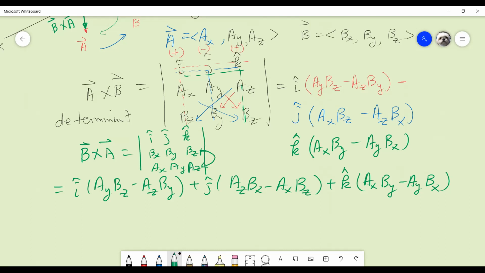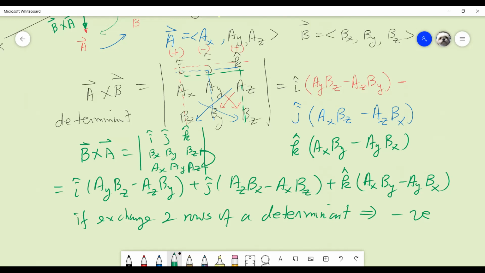As a matter of fact, I don't know whether you know something called linear algebra. If you exchange two rows of a determinant, you introduce a negative sign. That's exactly what I mean.